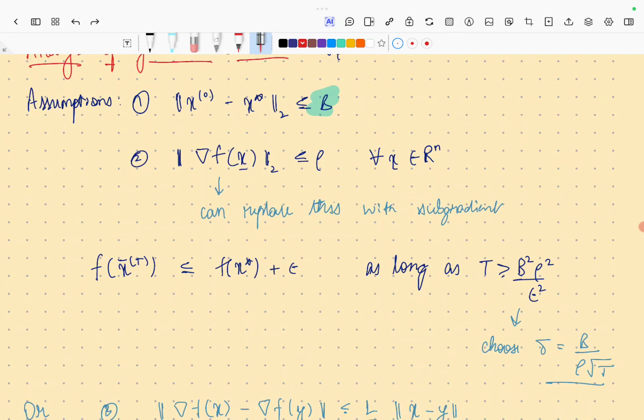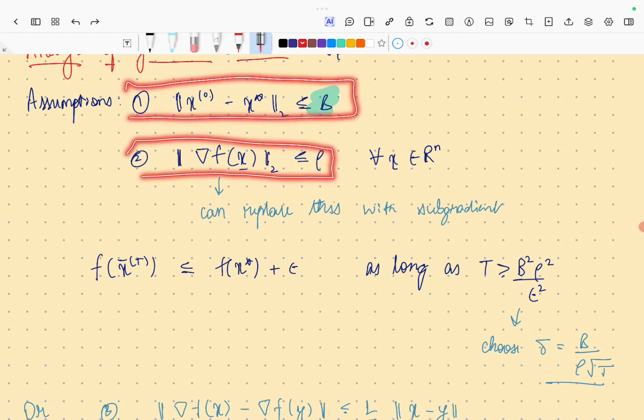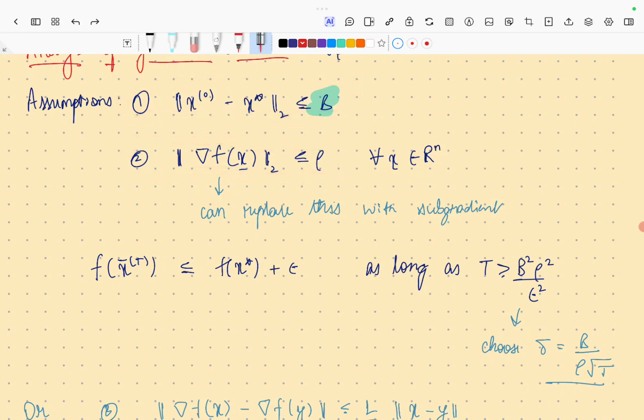The second requirement that we'll need is that the gradient is always bounded. In fact, some of these assumptions can be relaxed. For instance, it's enough if this holds only in this particular region, within a ball of radius b around x star.